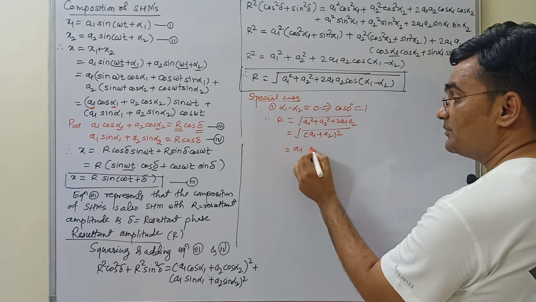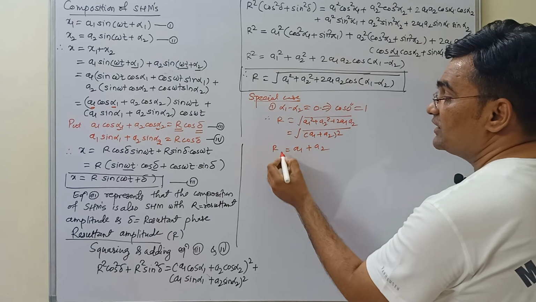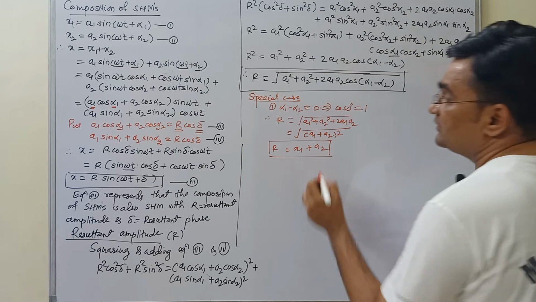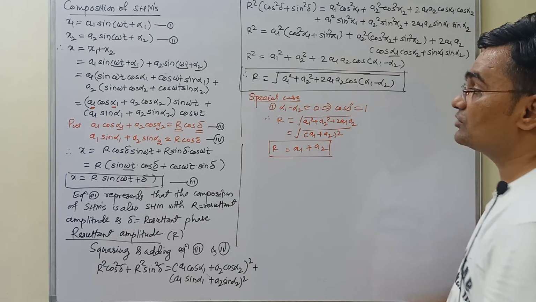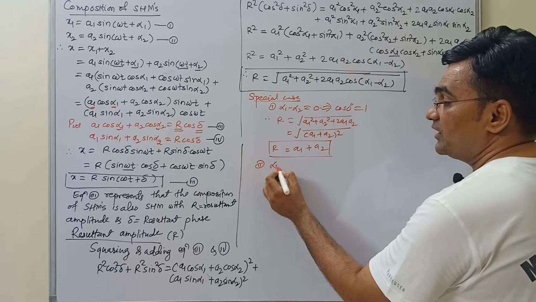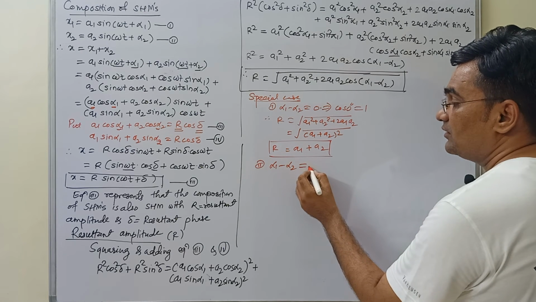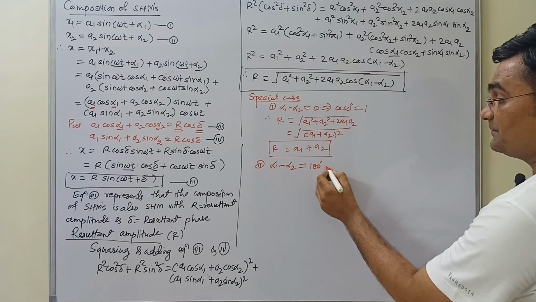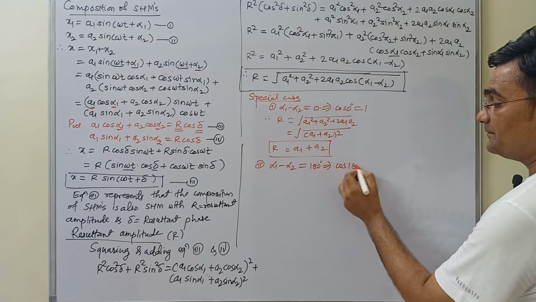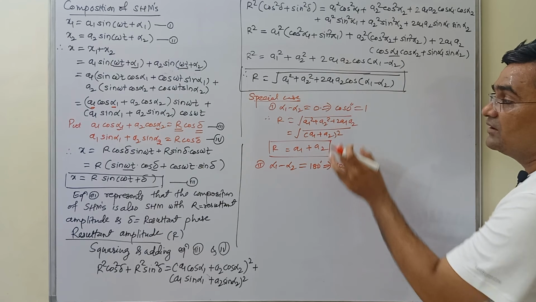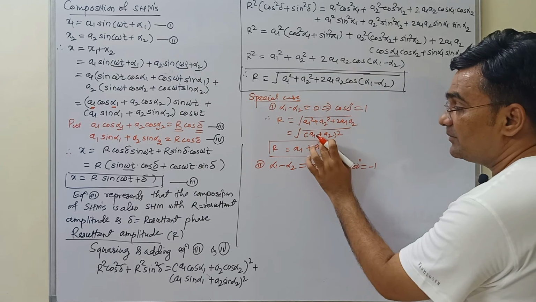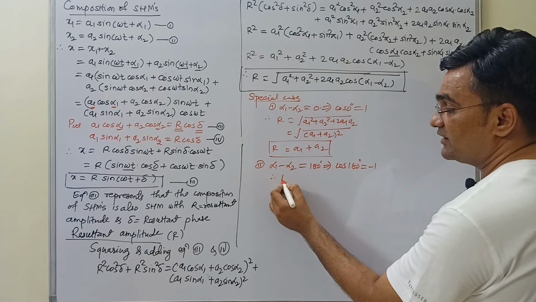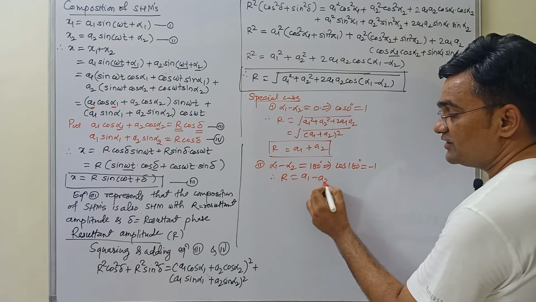So it will be simply A1 plus A2. If there is no difference in the phase, then we can get directly addition of two waves. If alpha 1 minus alpha 2 are equal to 180 degree, meaning one goes here and the other goes there, 180 degree phase, cos 180 degree is minus 1, so this will be minus. Therefore directly I am writing A1 minus A2.